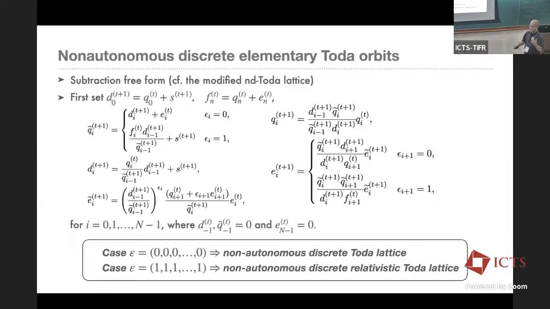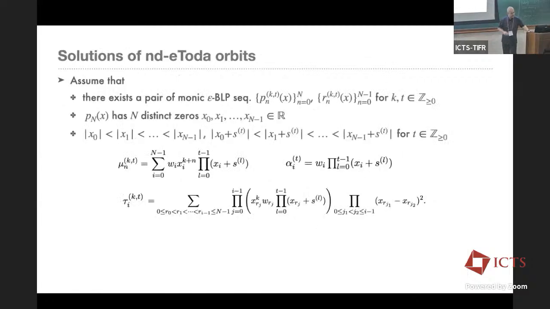On the other side, if we take epsilon as 1, 1, 1, 1, 1, 1, then this discrete system can be interpreted as a non-autonomous discrete relativistic Toda lattice. Okay. And then we can easily apply the ultra-discrete limit to this system.